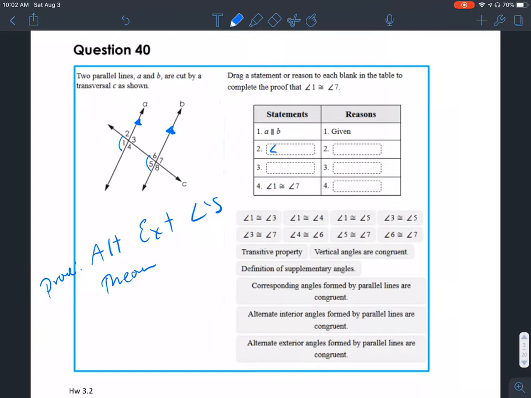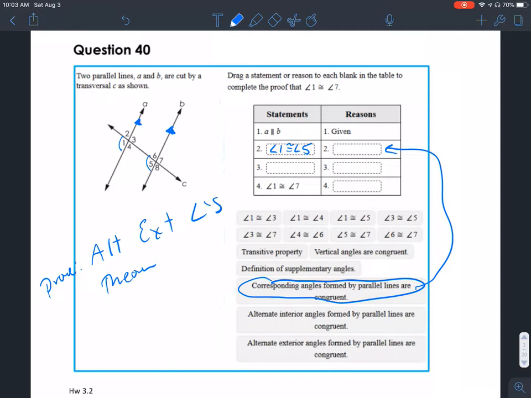That's one option. One of our reasons, yep, corresponding angles formed by parallel lines are congruent. Let's drag that up there. I would also accept, if it was given as an option, the corresponding angles postulate. You could name it by name.